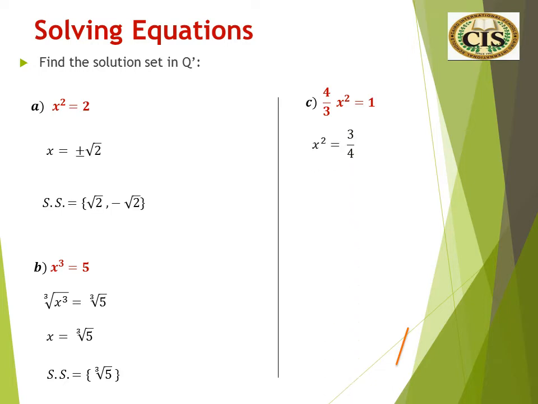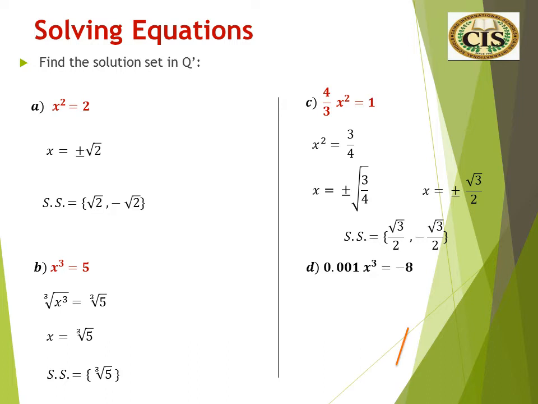So x power 2 equals 3 over 4 times 1 equals 3 over 4. X equals positive or negative root 3 over 4, equals positive or negative root 3 over 2. Root 3 over 2 belongs to Q dash, so we can write the solution set equals root 3 over 2 and negative root 3 over 2.